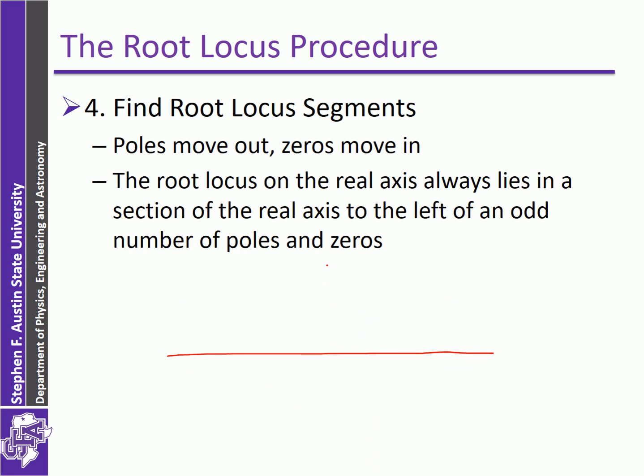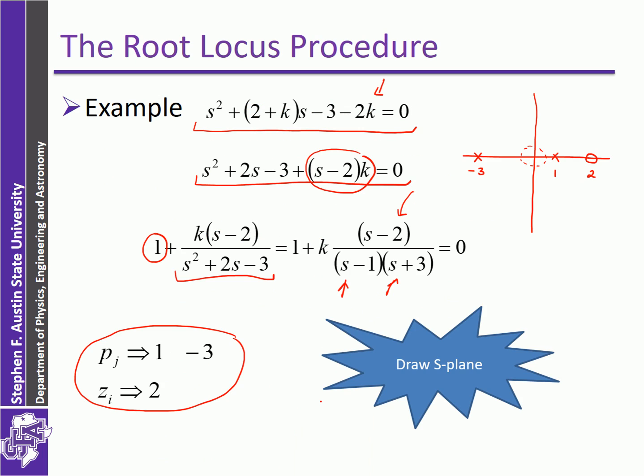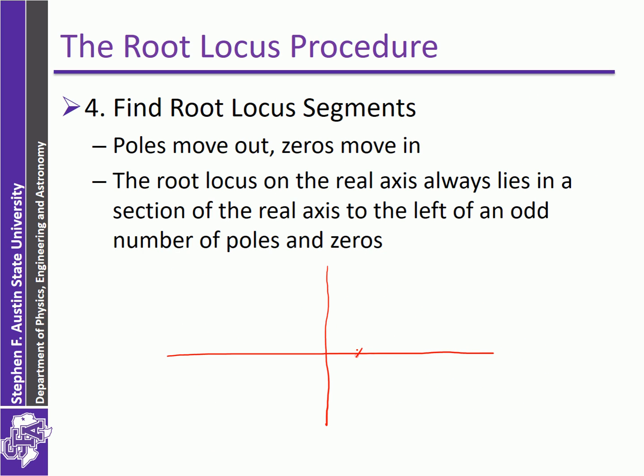So here's my vertical axis, or my j omega axis. We have one pole at 1, a zero at 2, and another pole at minus 3. So what we're going to look at, we're going to count the number of roots.